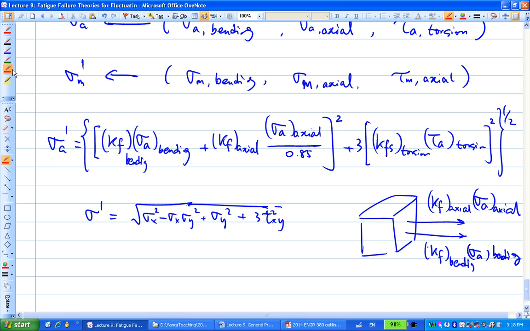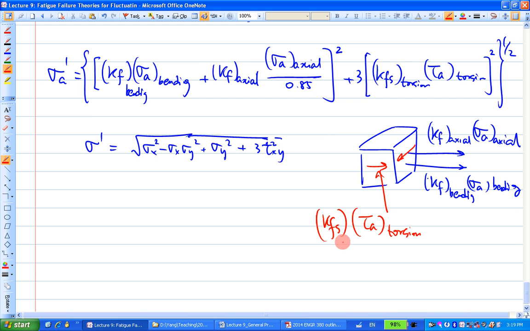And at the same time, you might have a shear stress due to the torsion. So this one is the tau A due to the torsion, and then multiplied by Kfs torsion.